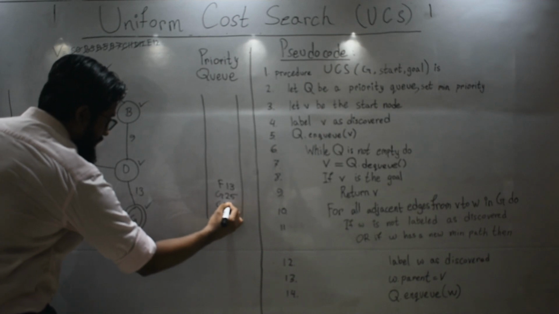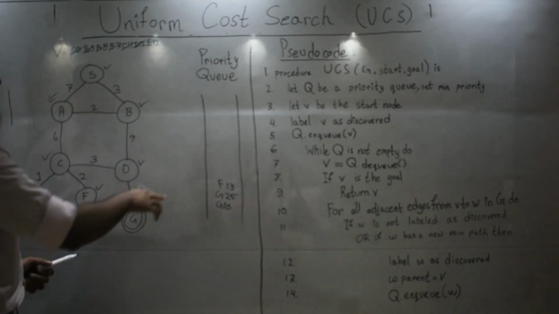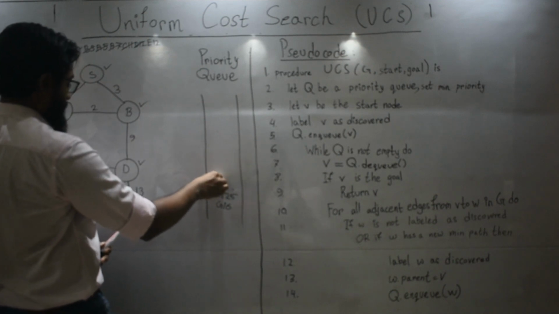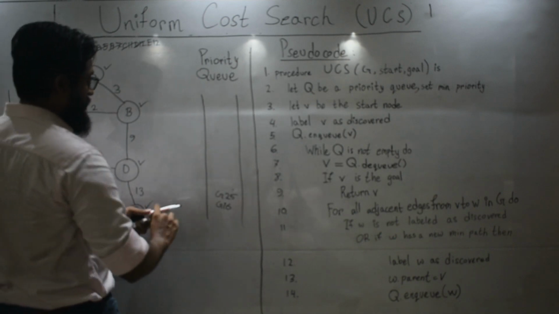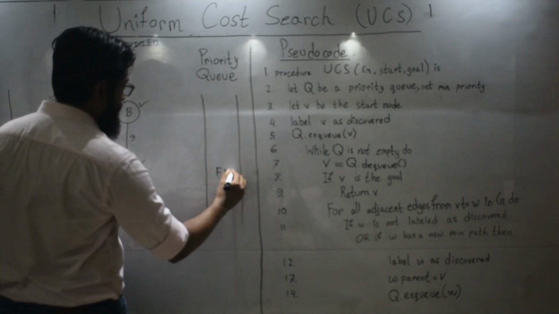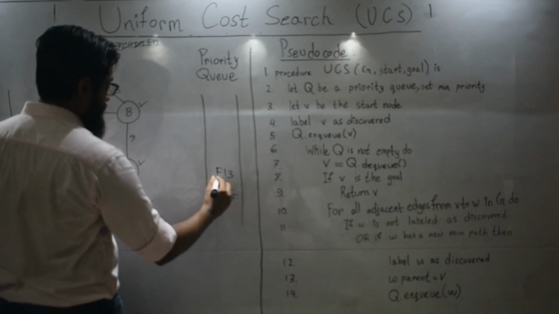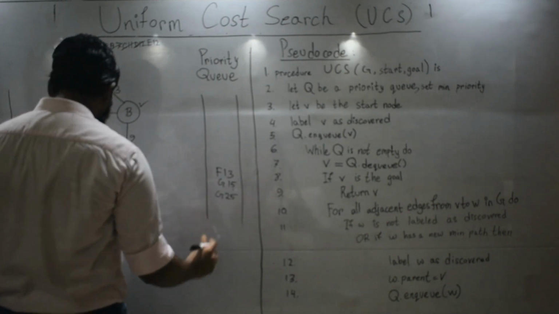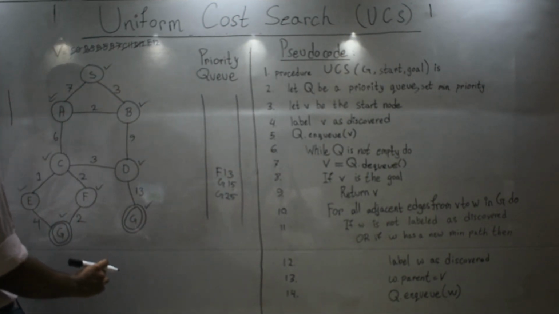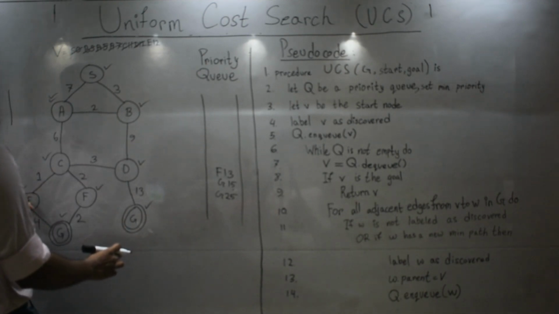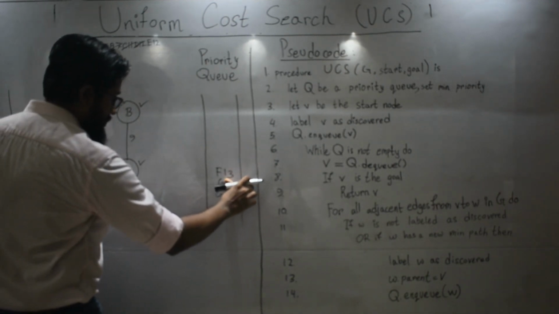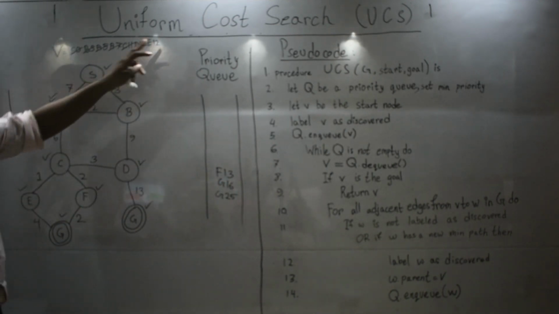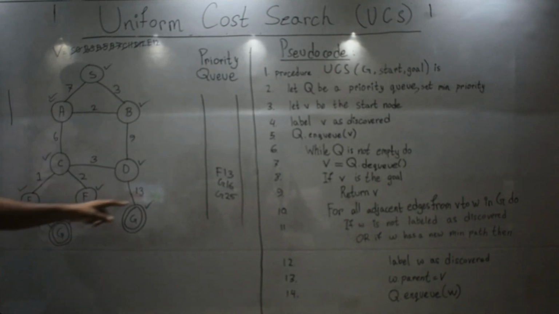So G16. Now let's sort them out. Let's write it at the top. F13, G15? Let's see. E is G16. Up to E it's 12 plus 4, 16. Okay?